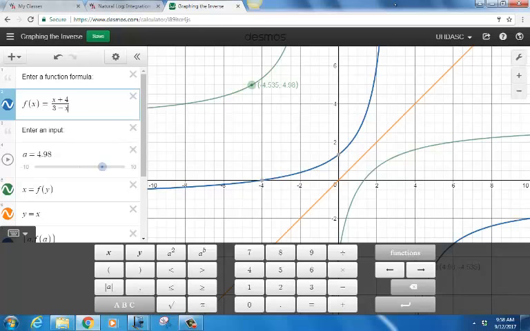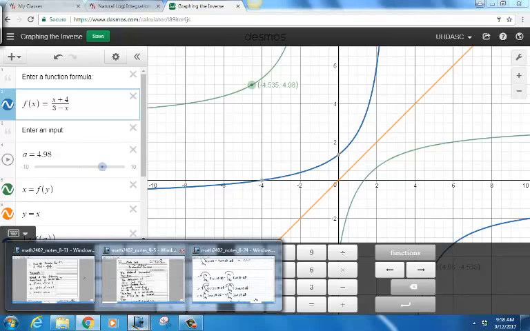So the green is the inverse function there, okay? So kind of a funky looking graph because this graph has some asymptotes in it, right? Its domain is not all real numbers, and that's the same thing for the inverse, okay?